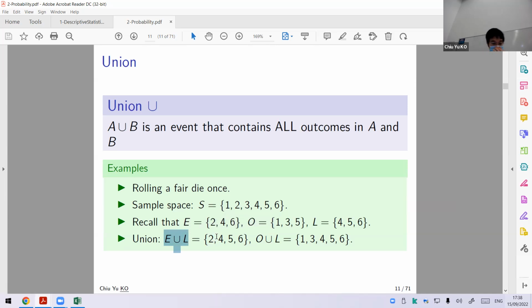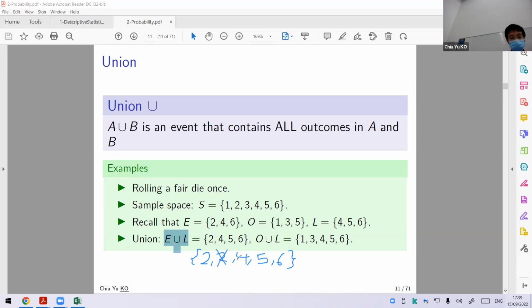Do note that because of set, 2, 4, and 6 together with 4, 5, and 6 gives just 2, 4, 5, 6. If an element repeats itself, it makes no difference. If you write 2, 2, 4, 5, 6, it is the same, because in a set, things that appear twice have no meaning.